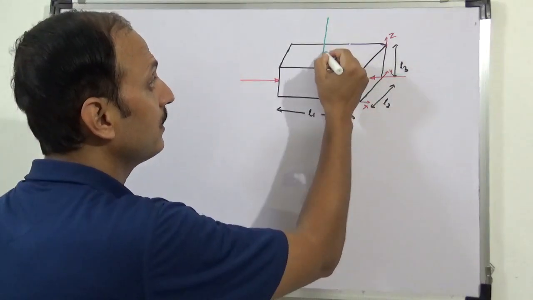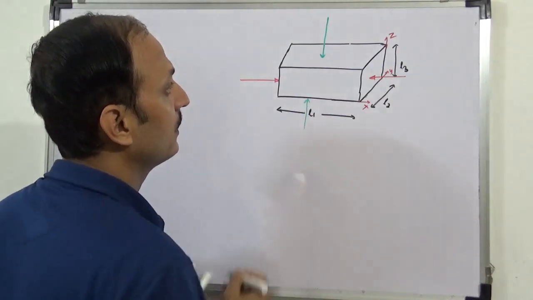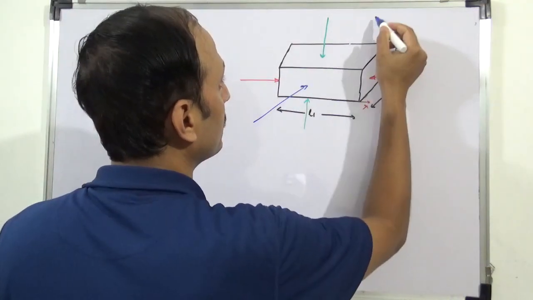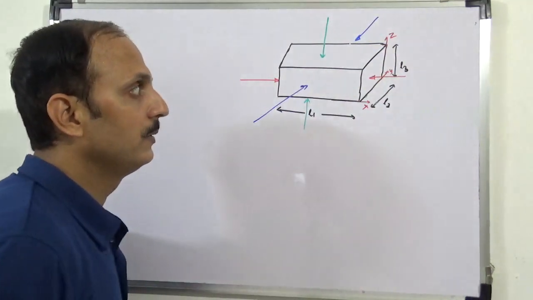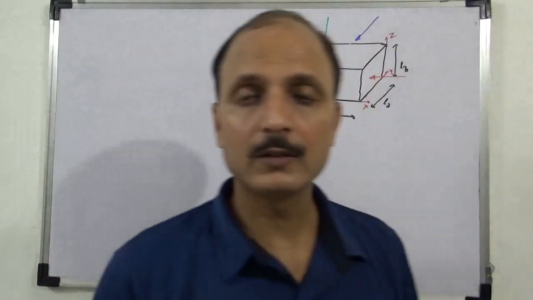One force is acting vertically down, again throughout the surface. Remember it. The third force is acting on this surface. So we have three forces acting, which means it's bulk modulus we have to consider.